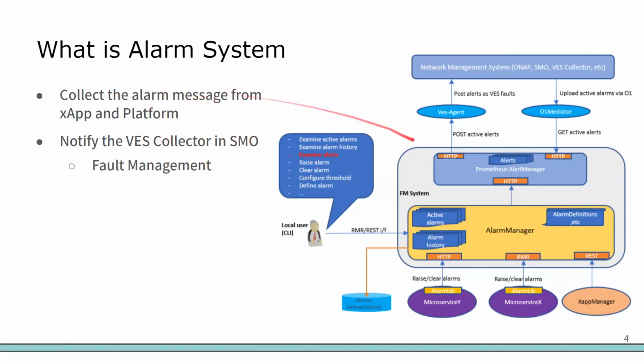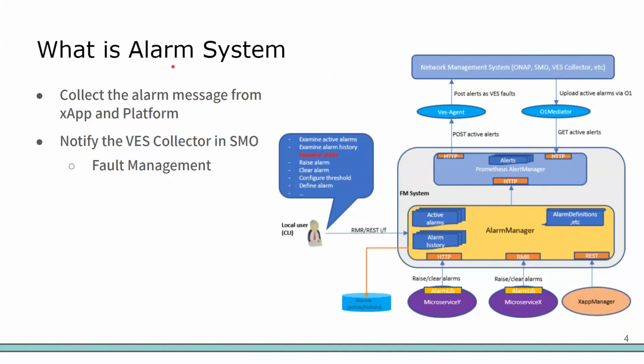The alarm system is a system in NRT-RIC. It allows the platform to send an alarm to notify the alert manager and the SMO in VS Collector. So the alarm system says something happened on an SF or a platform.